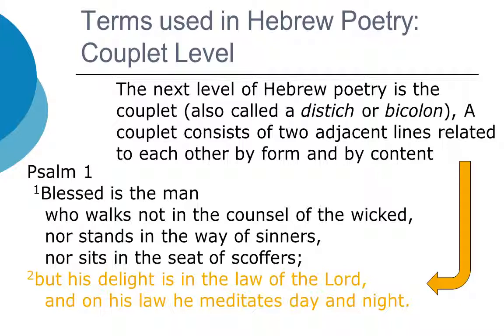The second level is what is known as the couplet level. That is where you have two lines that are semantically related to one another. Sometimes they're called a distich or sometimes a bicolon, but a couplet consists of these two adjacent lines, and as I said, they're related to each other by form or by content, and you see that there in Psalm 1 verse 2.